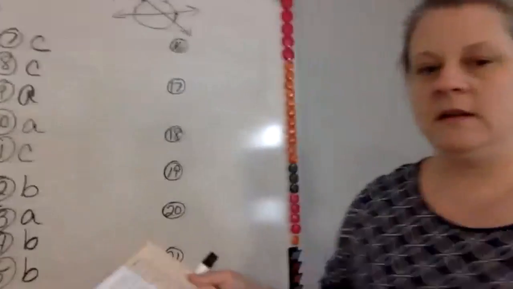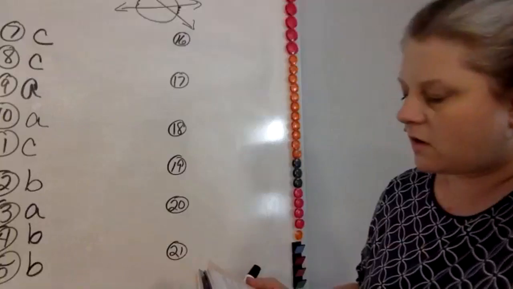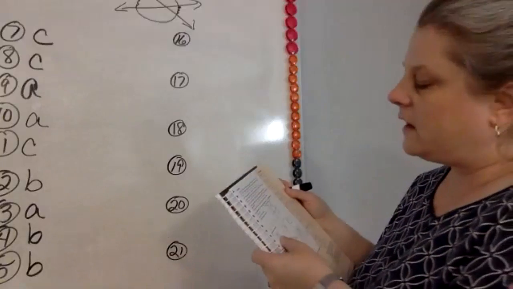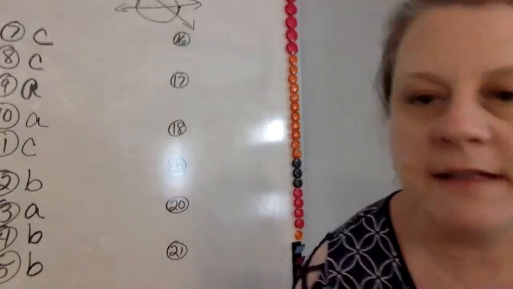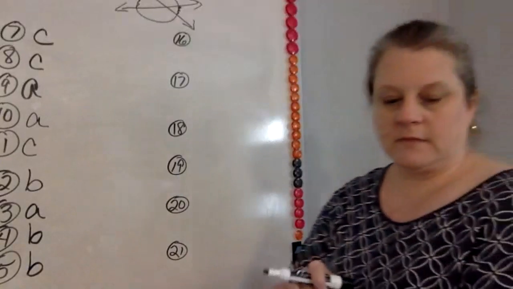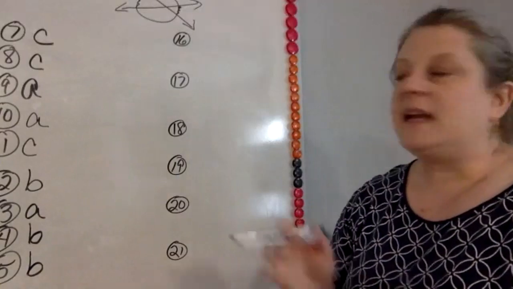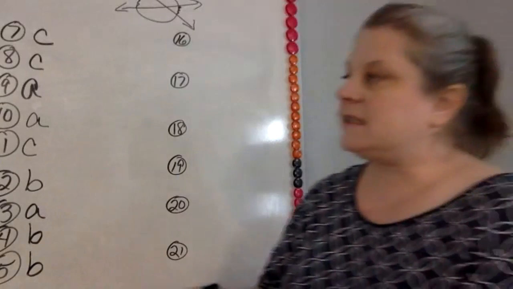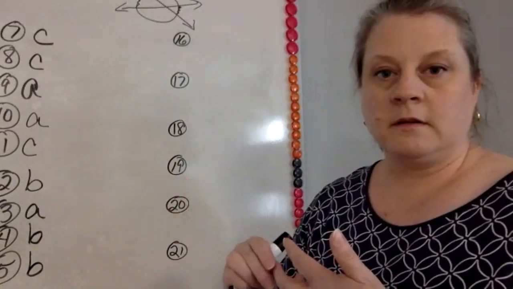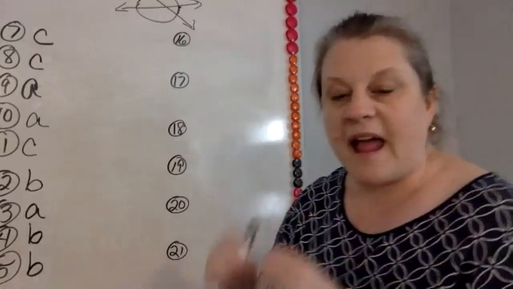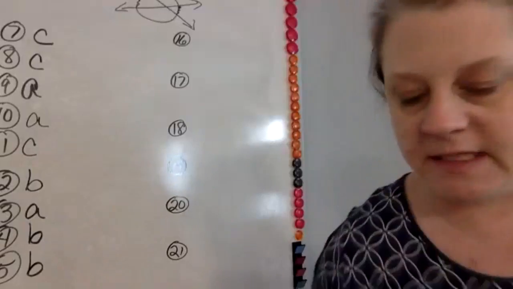On number 16, it gives you the variable at the angle. That angle is inside or outside? Inside. So when it's inside, is it half the difference or the sum? Half the sum. So you add the two arcs that it intercepts together.